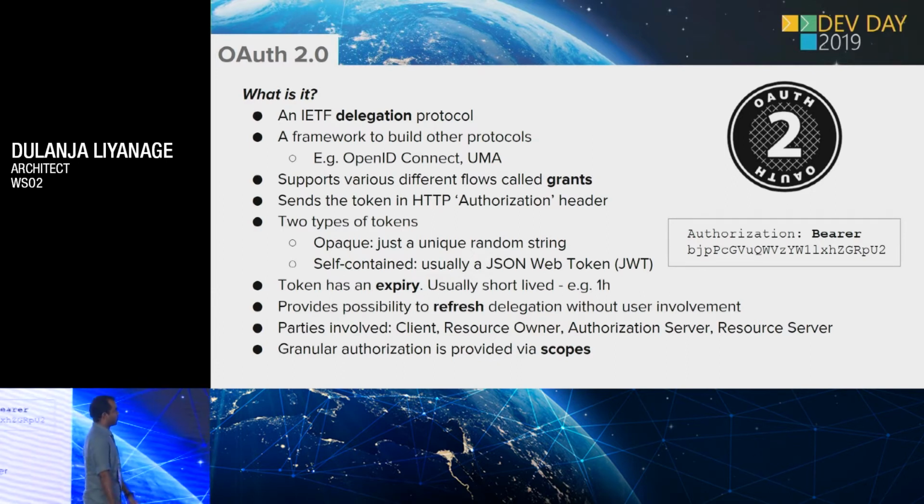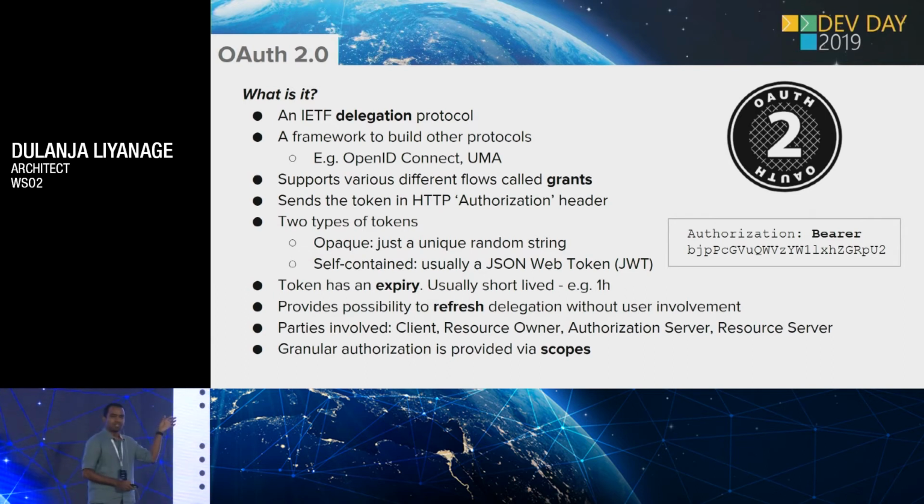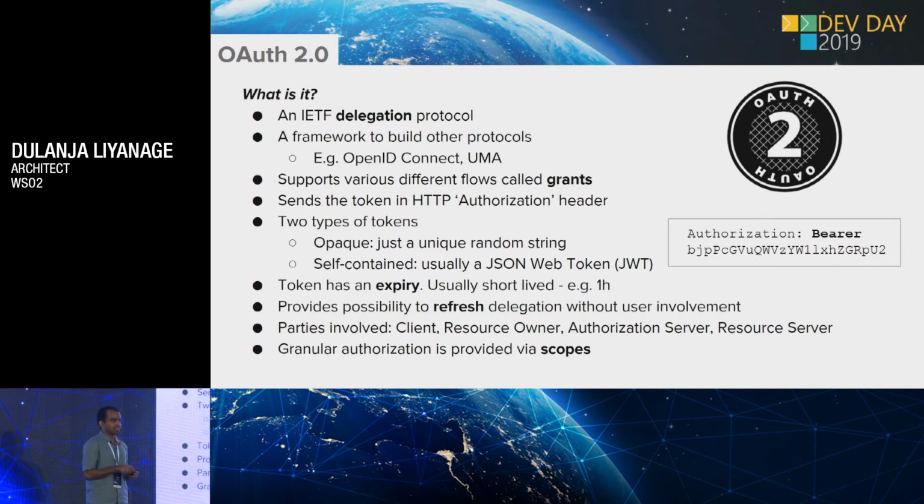So OAuth 2.0 is also a framework to build other protocols. Heard of OpenID Connect? OpenID Connect goes with OAuth 2.0. UMA, how many have heard of UMA? User Managed Access. Okay, that's one. This is the future sort of a thing.